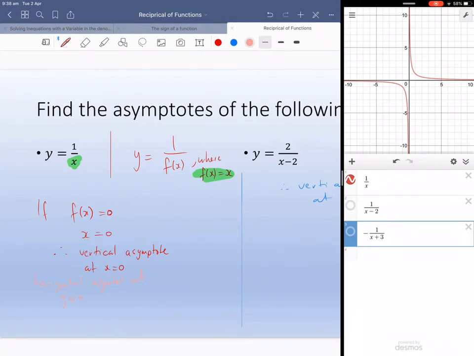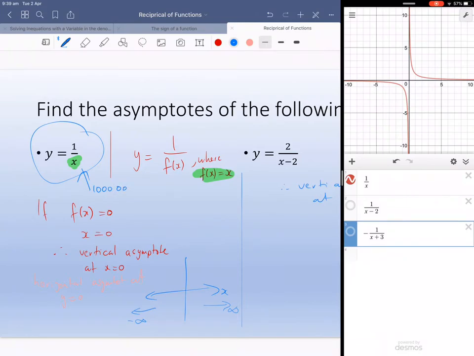Well, essentially we need to think about the extremities of x. So I'm going to draw a little axis here. We're looking at the extremities of x. What happens when we put in an x value that's really big, something like infinity, or an x value that's really small, like minus infinity? So in this one, let's put something really big in, let's put in 1 million. 1 million is a big number.